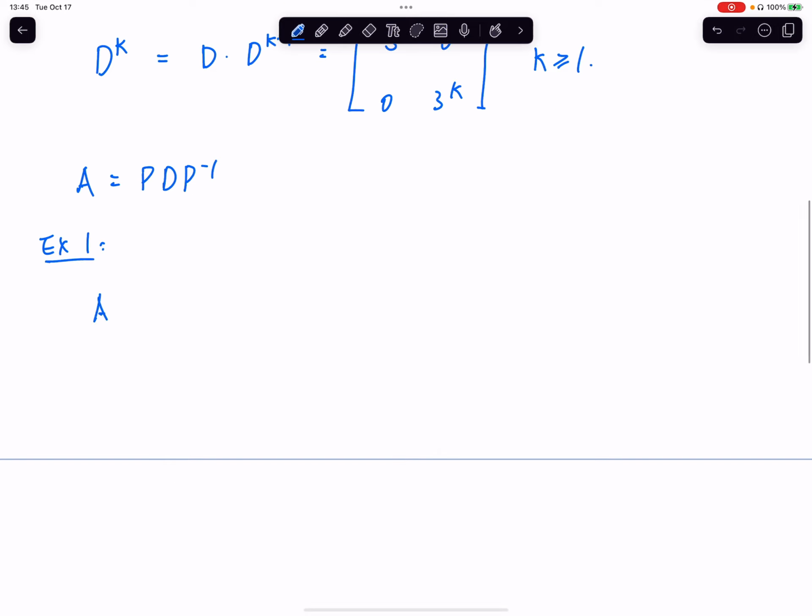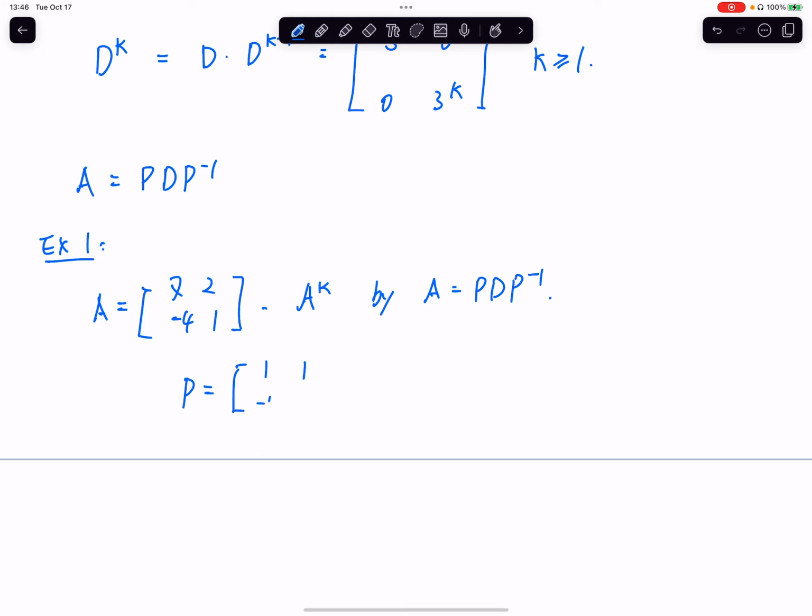If our A is 7, 2, minus 4, 1, we want to find the formula for A to the k by A equals P D P inverse, where P is invertible and D is the diagonal matrix given by P equals 1, 1, minus 1, minus 2, and D equals 5, 0, 0, 3.